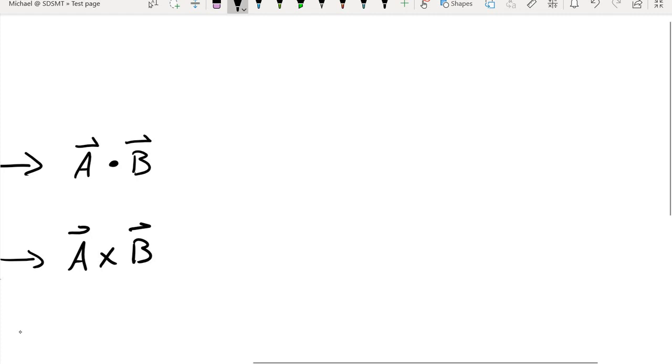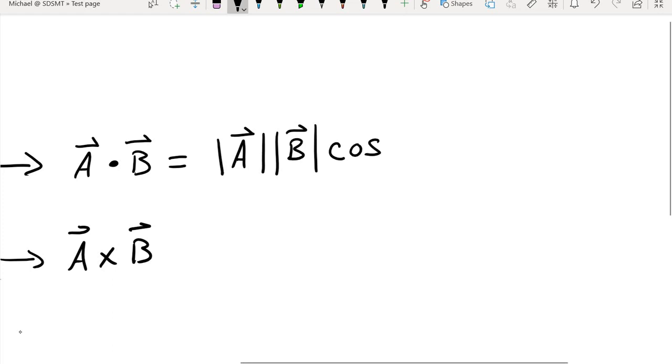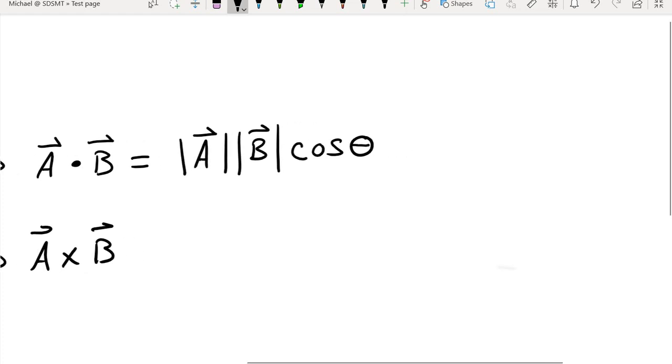But for right now, just in case you're interested, in order to evaluate a dot product, we will take the magnitude of each vector and we will multiply those together times the cosine of the angle that exists between the two vectors.